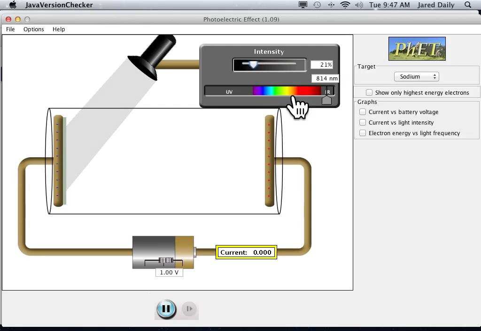But apparently that's only true for certain frequencies. Okay? And the interesting thing was that it behaved differently for different metals. Right now we've got sodium right here. That's this blue strip of sodium right here. If you change the metal, it changed what frequencies released electrons.